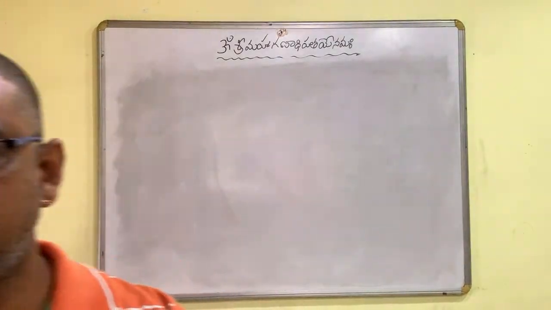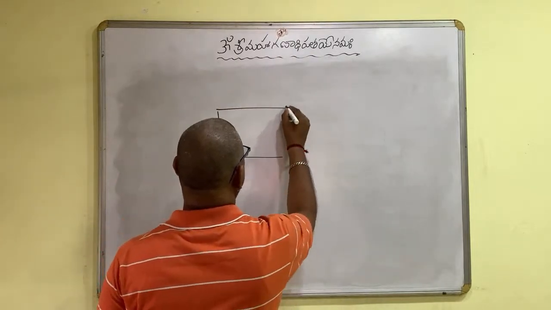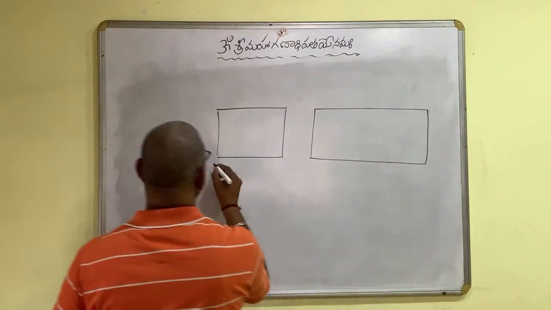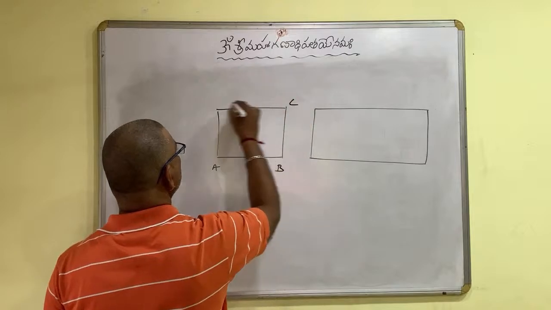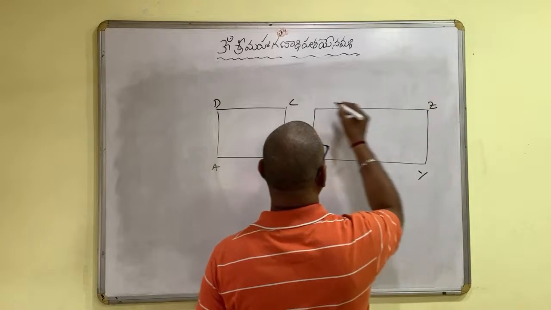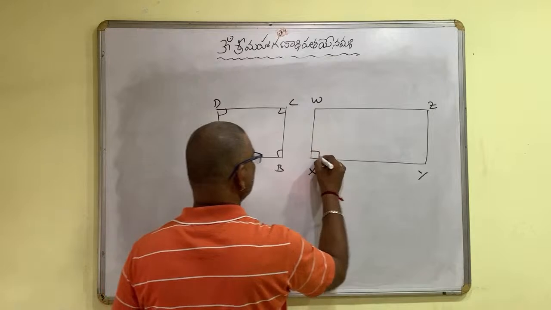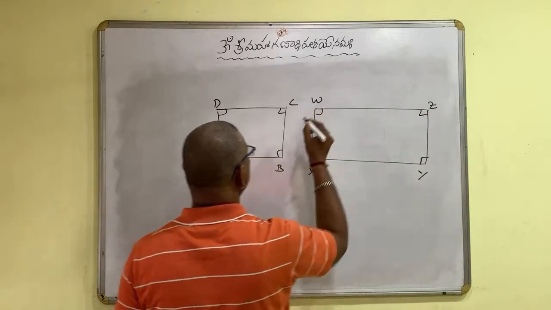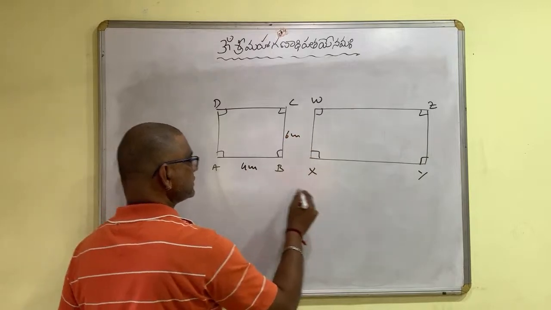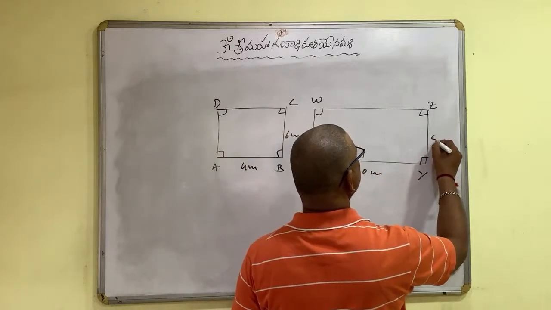Now I will consider two rectangles. One is ABCD, the other one is XYZW. Four centimeters, 6 centimeters. This is of 10 centimeters, 5 centimeters.